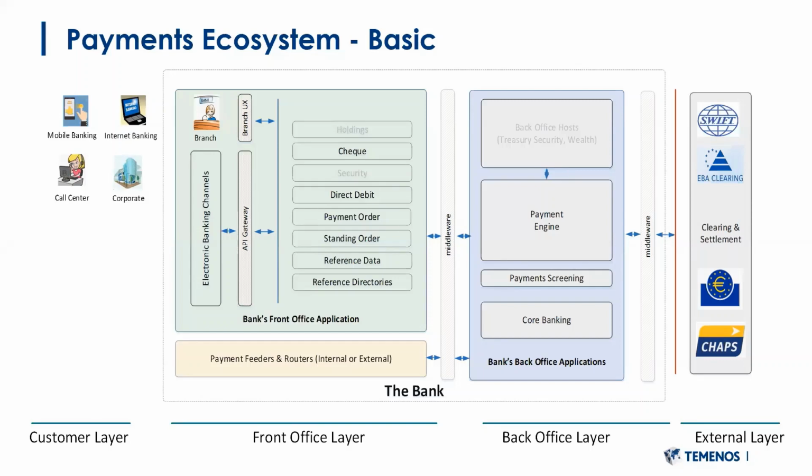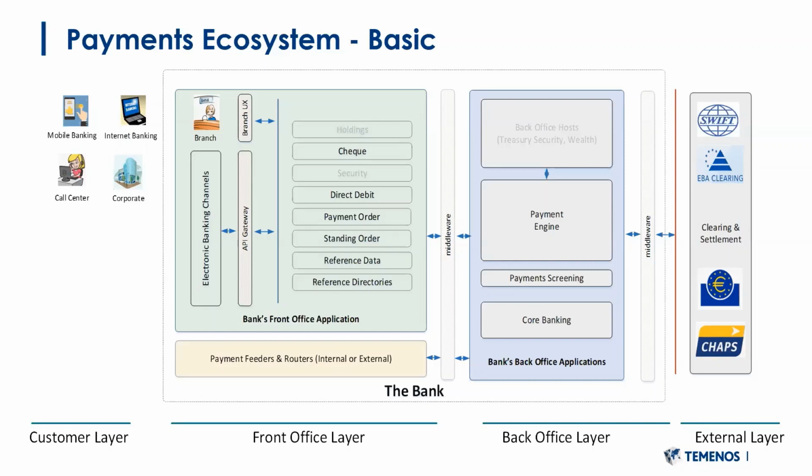There are many sources of the payment, not just the online channels that we just discussed. There are many back office or mid office systems that are initiating payments, not just online but also offline STP based payments. Some of them are like treasury, for example, or security module.